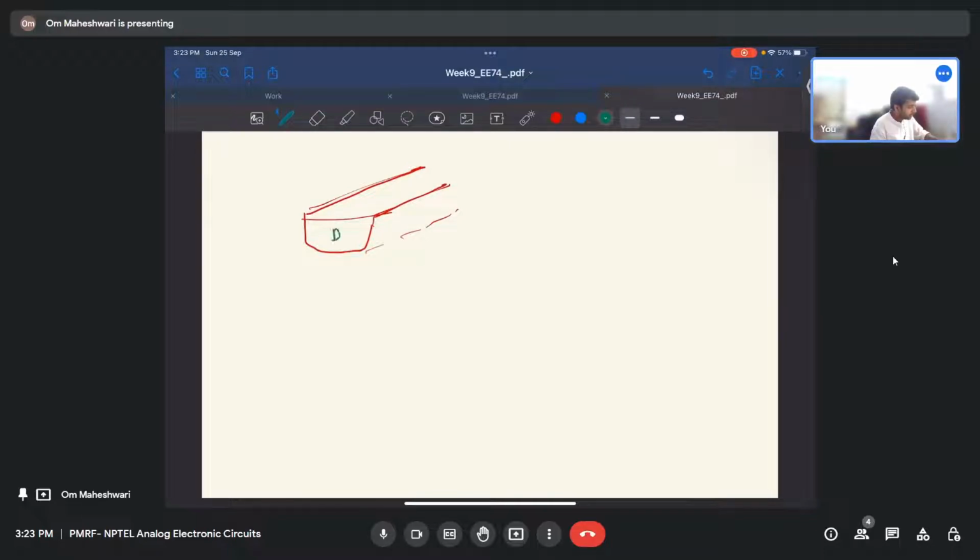Let's say this is the drain. What will be the perimeter of the drain? This whole thing is the perimeter of the drain. This is the length of the source drain, LSD, this is the width of the device, W, and this is the depth.